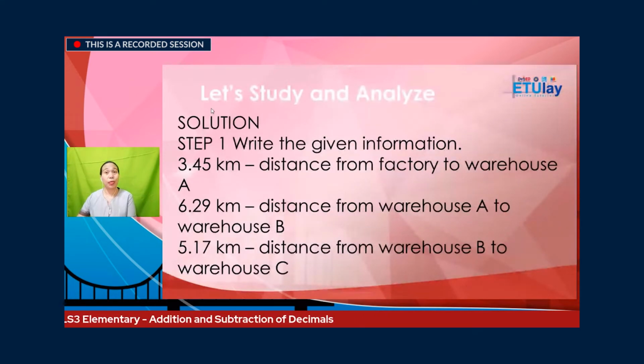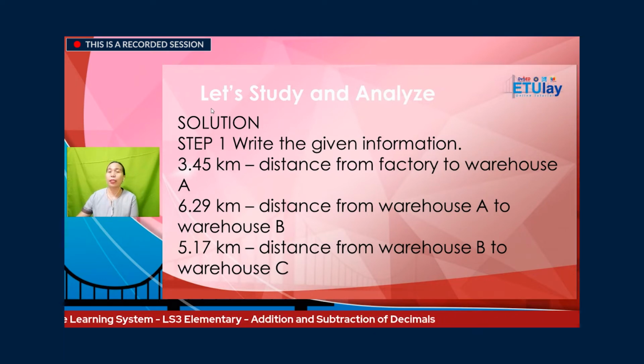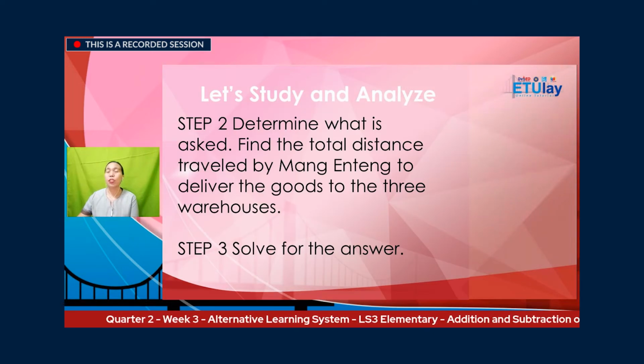To solve the problem, again, write the given information. We have 3.45 kilometers distance from factory to warehouse A, 6.29 kilometers distance from warehouse A to warehouse B, 5.17 kilometers distance from warehouse B to warehouse C. Next, determine what is asked.